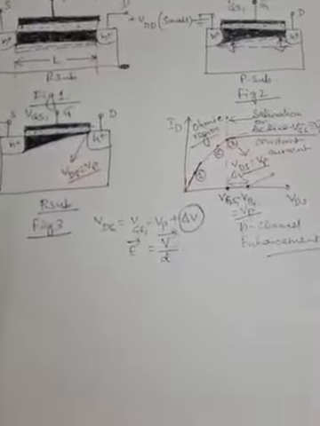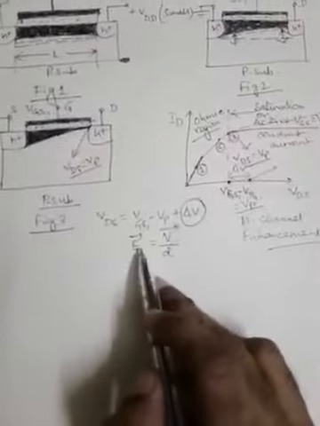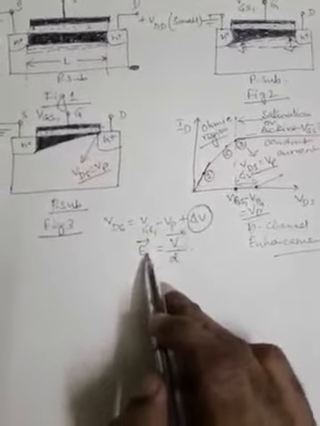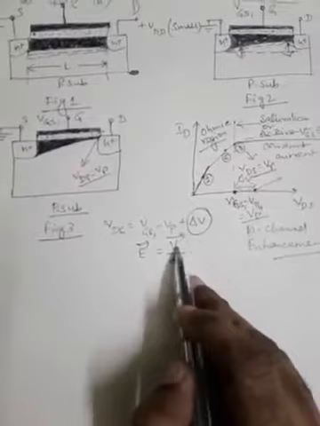And what does it mean? This additional electric field will be forcing the electrons more towards the drain end than towards the source end. So the electrons will feel a greater force because of this additional electric field generated by the application of delta V.